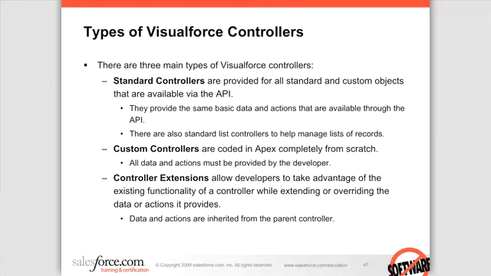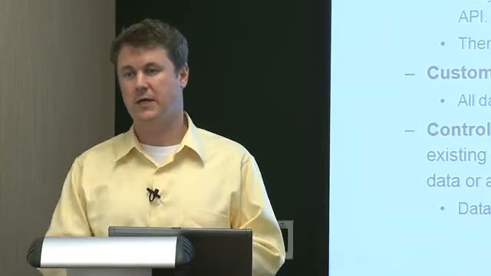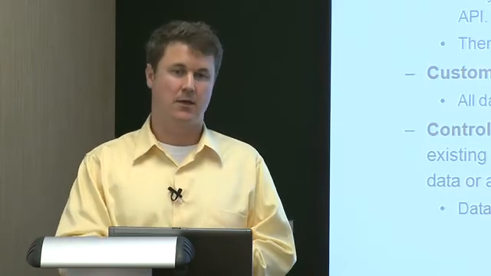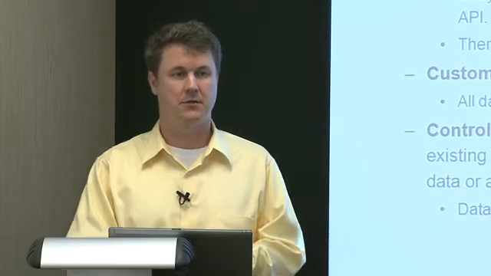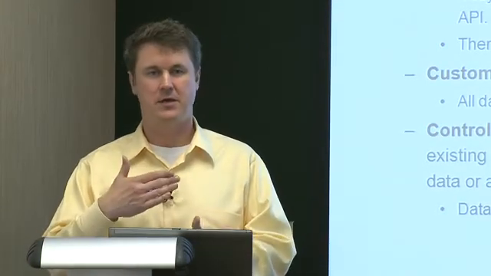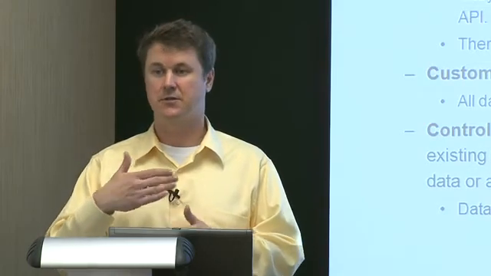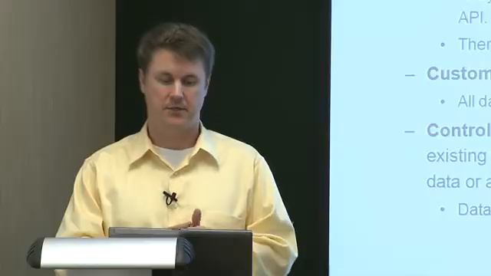The standard controller is pre-built, or anytime you create a custom object, it's built on the fly, but it's created for you, and it allows you to do basic things like operate on or edit data associated with a certain object, and save that data. So really, standard actions associated with viewing and saving data for that object type.